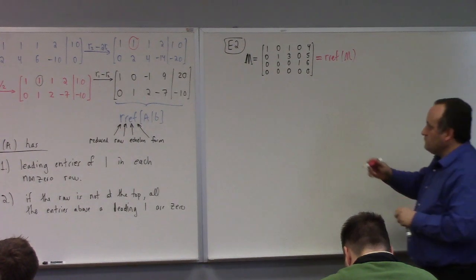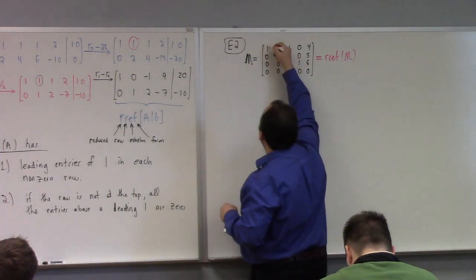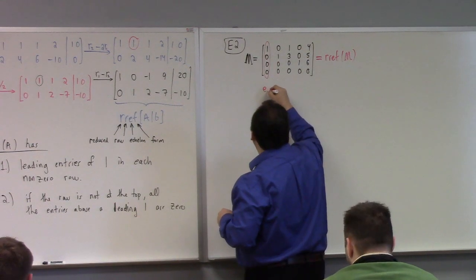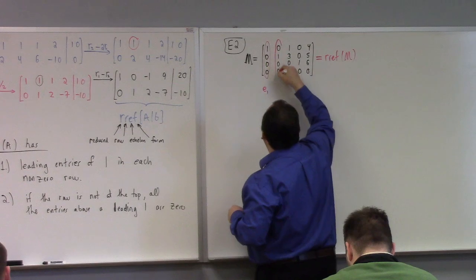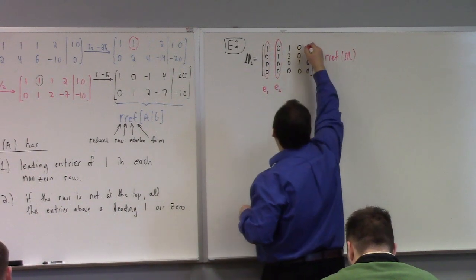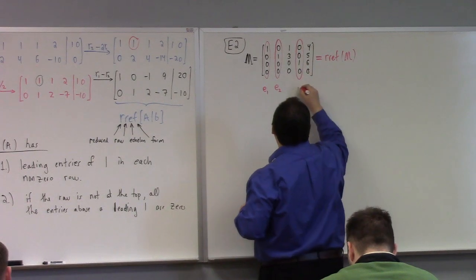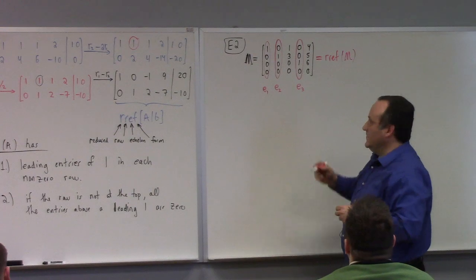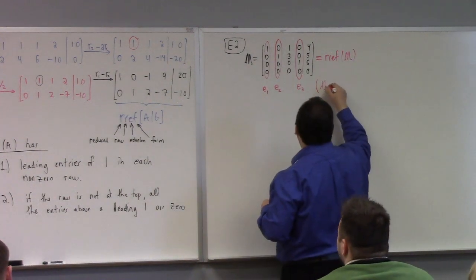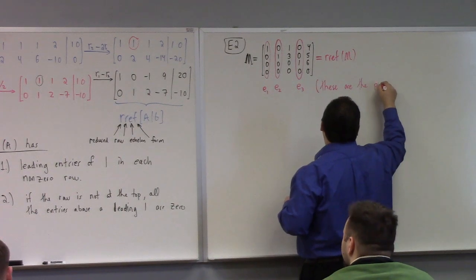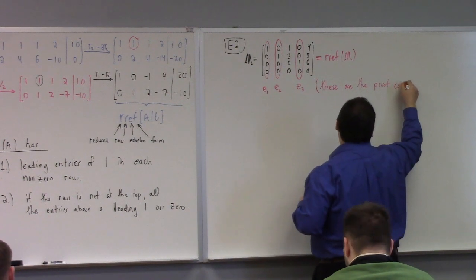So this right here is what's called E1. This right here is what I call E2. This right here is called E3. So these are the so-called pivot columns.